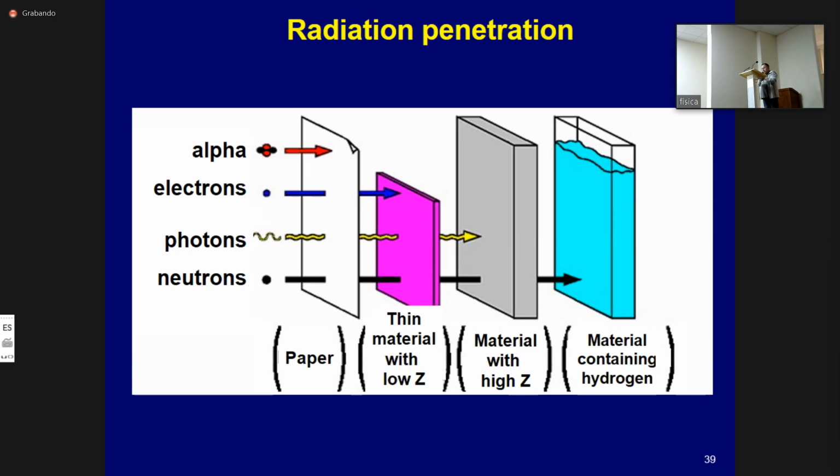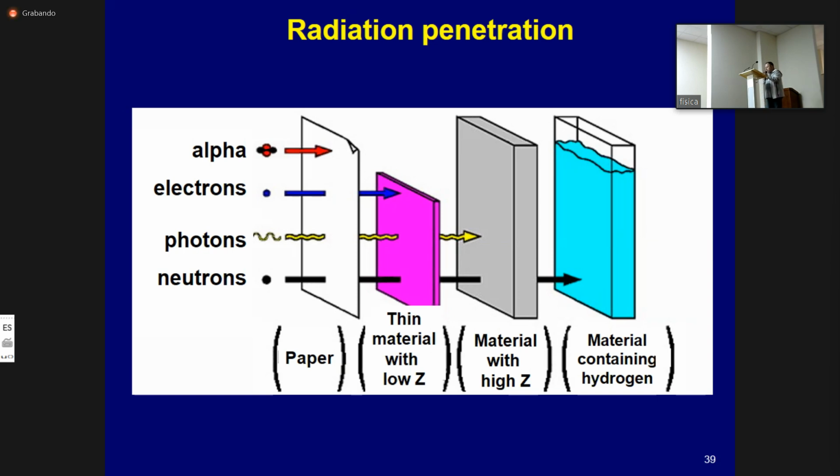Neutrons are the second most penetrating radiation. Neutrons pass relatively easily through matter with a large Z charge number, but are quickly absorbed by hydrogen-containing material. It should be noted that having lost energy in a hydrogen-containing material to thermal energy, a neutron is captured by a hydrogen atom, forming deuterium and emitting a gamma quantum with energy of 2.25 mega electron volts.